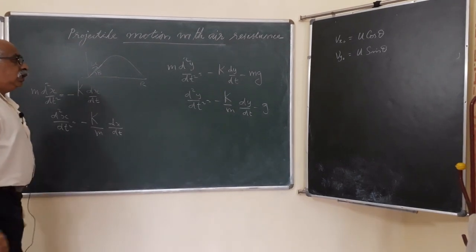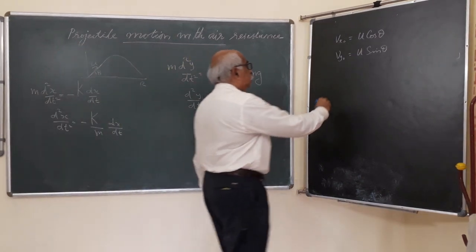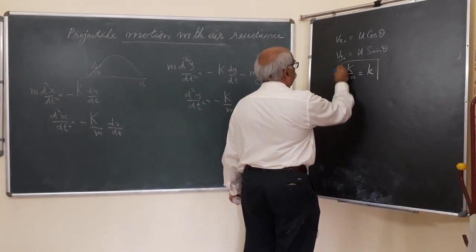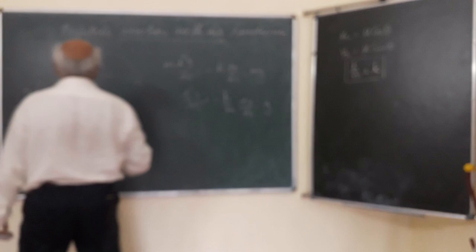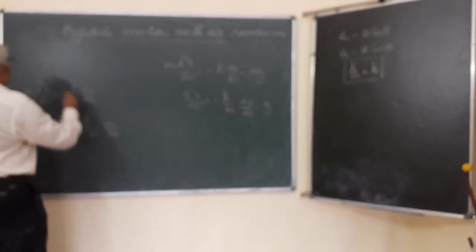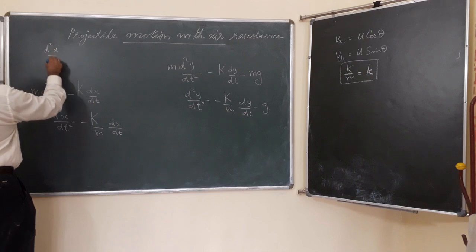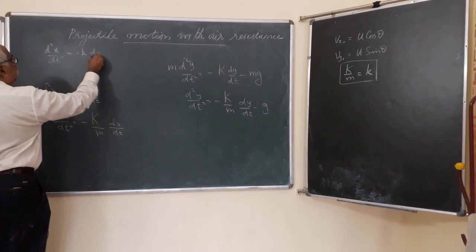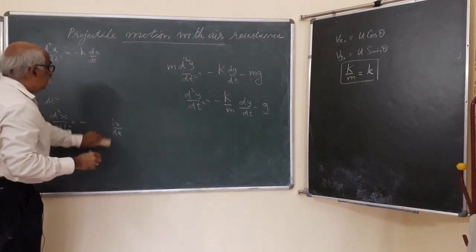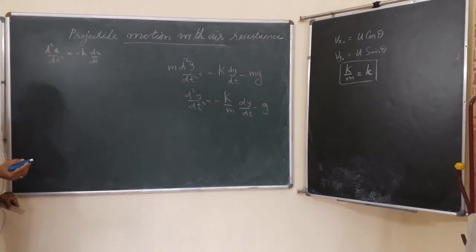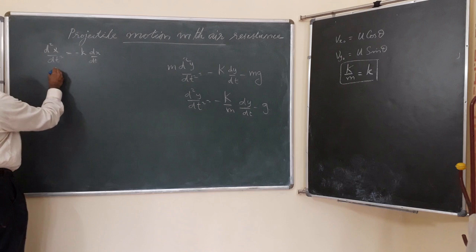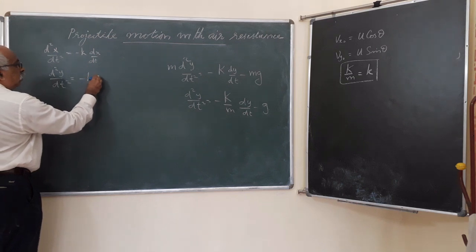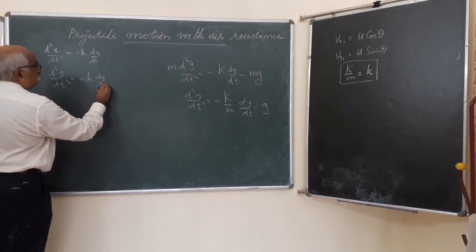In these two equations, k by m can be replaced with a new k, small k. K by m is equal to small k. With that, our differential equations assume the form d square x by dt square is equal to minus k dx by dt. And the second equation, for the vertical component, becomes d square y by dt square is equal to minus k dy by dt minus g.